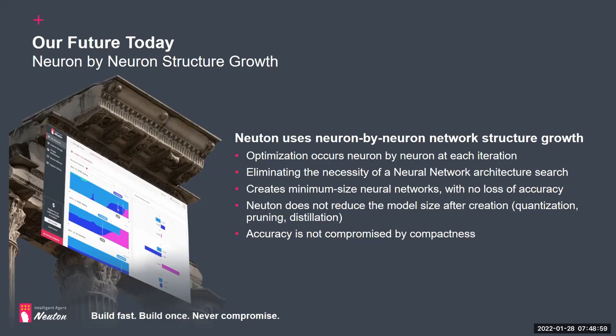We don't need to do any network architecture search because it is done automatically during the training process. This type of architecture allows us to create a minimum-sized neural network with no loss of accuracy.